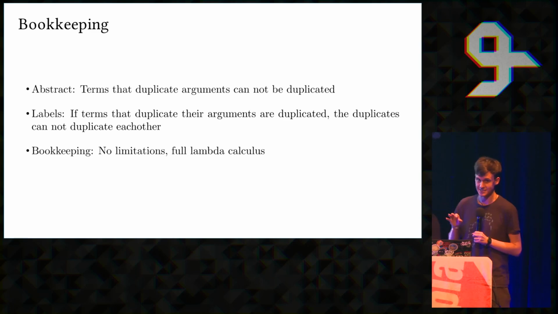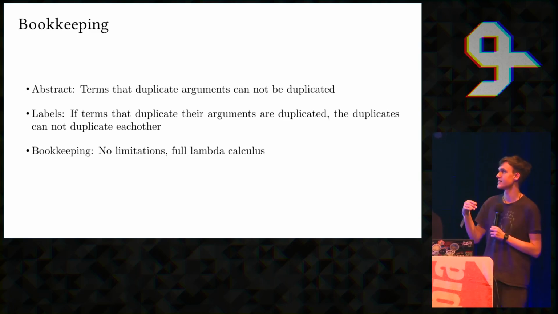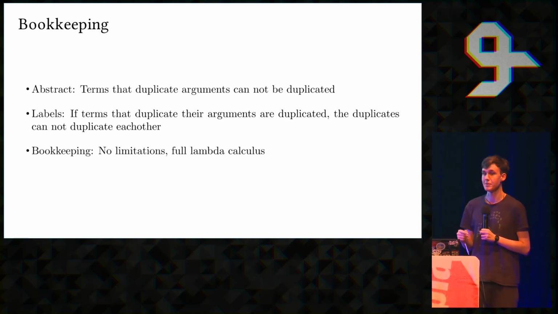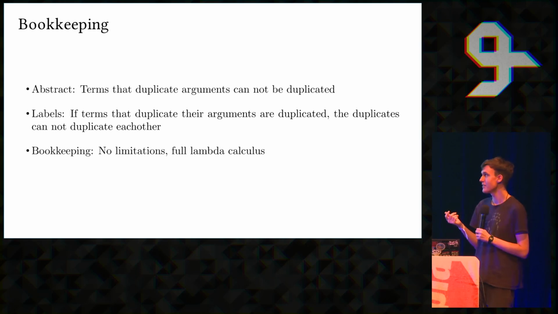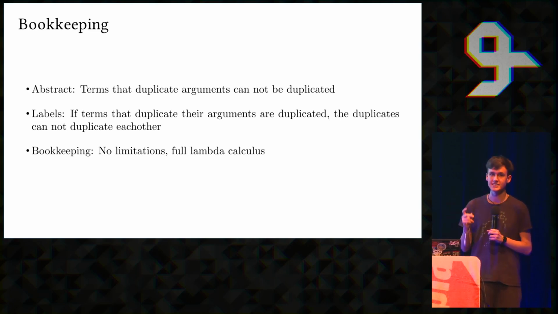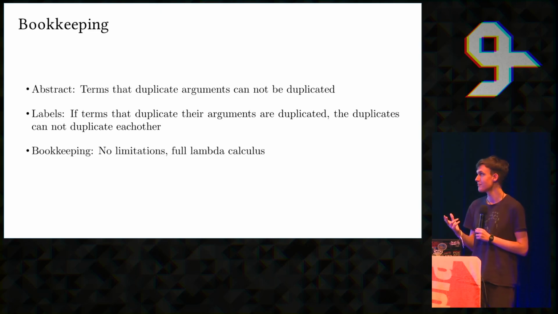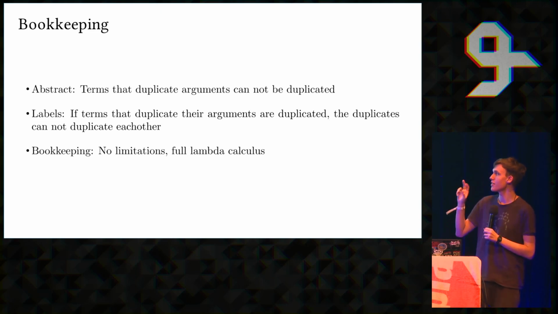And if you add labels, so these are 2 steps that are possible to fix this problem. If you add labels to the duplicators to say, okay, if 2 duplicators have the same label, then we actually want to annihilate them. And otherwise, if they have different labels, then we want to duplicate the duplicator. Then you can do one thing more.